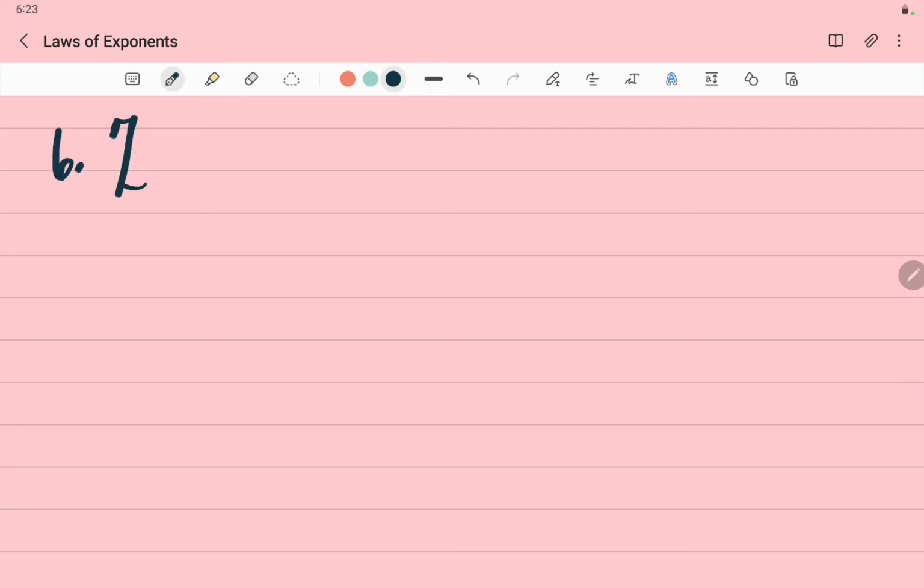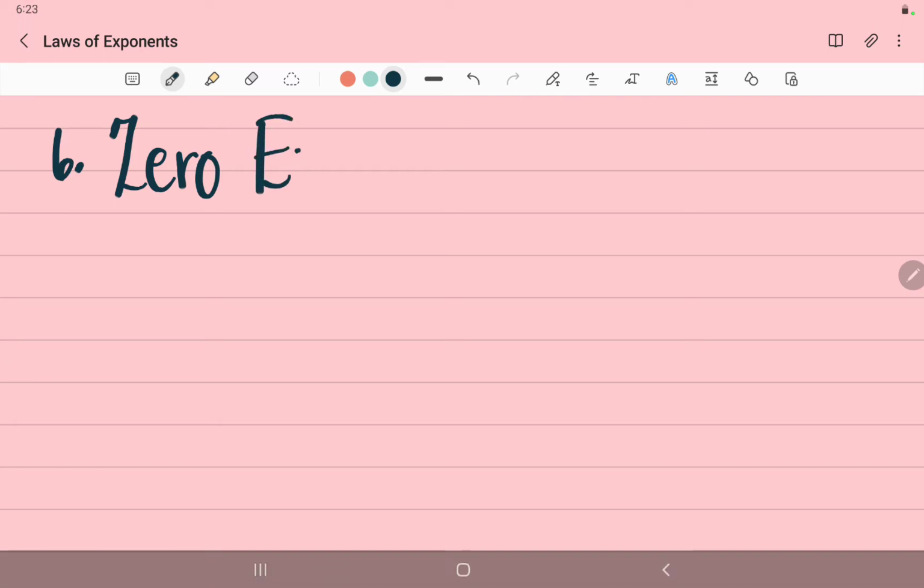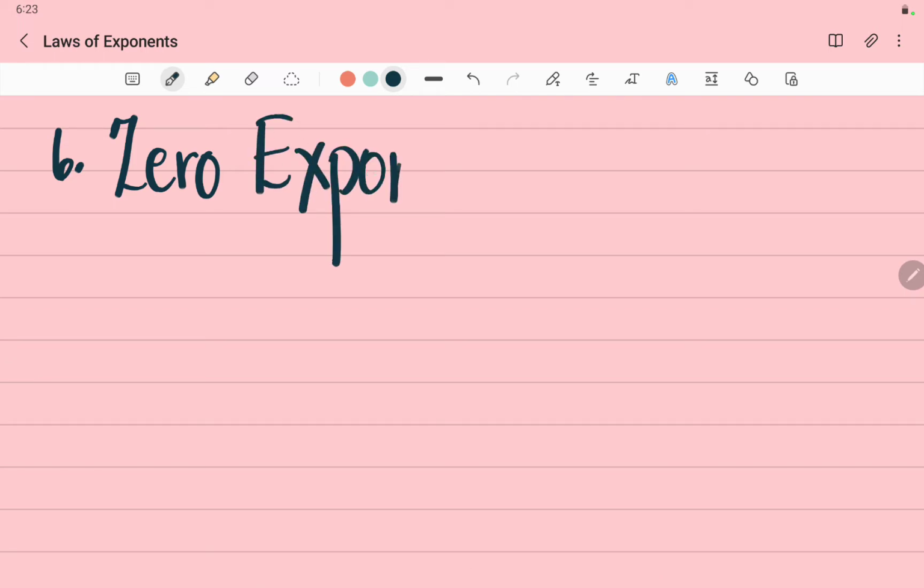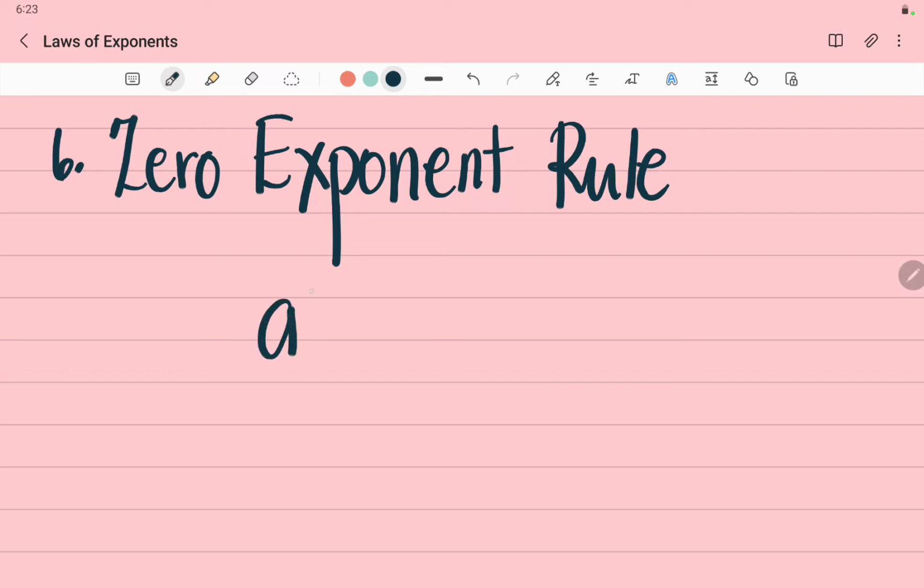Next, number 6. Law of exponent is the 0 exponent rule. Okay, the 0 exponent rule is easy to remember, because any number or any letter raised to 0 is equal to 1, provided that our base is not 0.